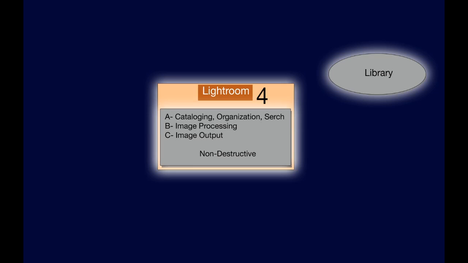Another thing you can do with Lightroom is processing images. And by that I mean, well, not processing as such, but cataloging, really. And when we're cataloging images, we do this in the library as well.